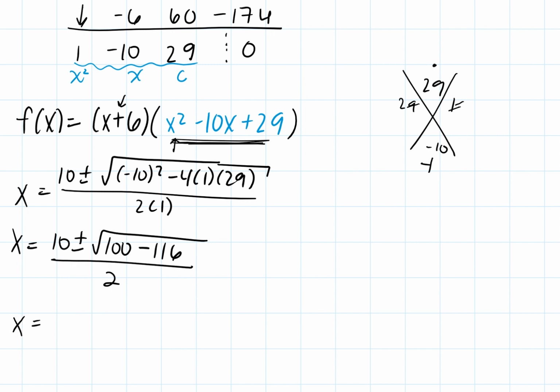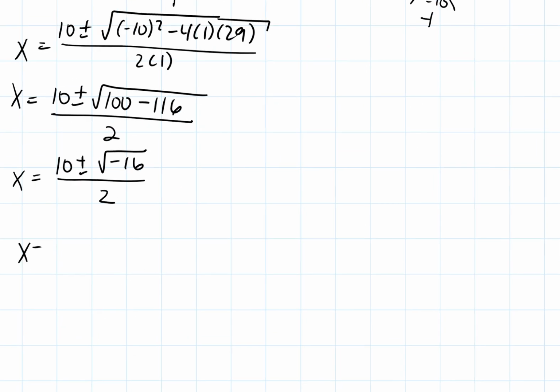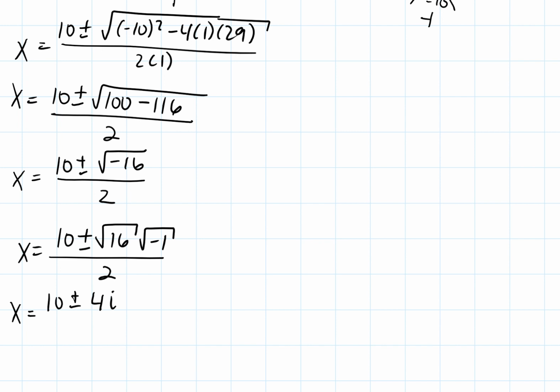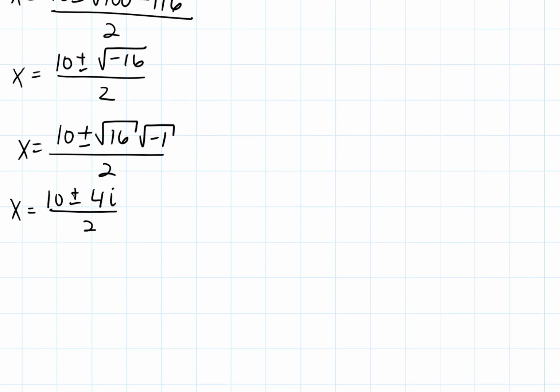And so we get x is 10 plus or minus square root of negative 16 all over 2. That would be 10 plus or minus square root of 16 times square root of negative 1. We're taking the square root of negative 1 out because the square root of negative 1 is i. So this would be x is 5, 10 over 2, plus or minus 2i, 4i over 2.